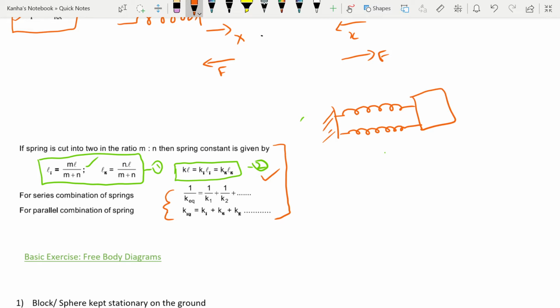And in series, we have one spring here and then another spring here connected to something. What you should remember is they are similar to the formulas for capacitors in parallel and series. This is K1, this is K2, this is K1, this is K2. So the addition is similar to what we had for capacitors when you study electrostatics, and this should be kept in the back of your mind when you're going for the examination.